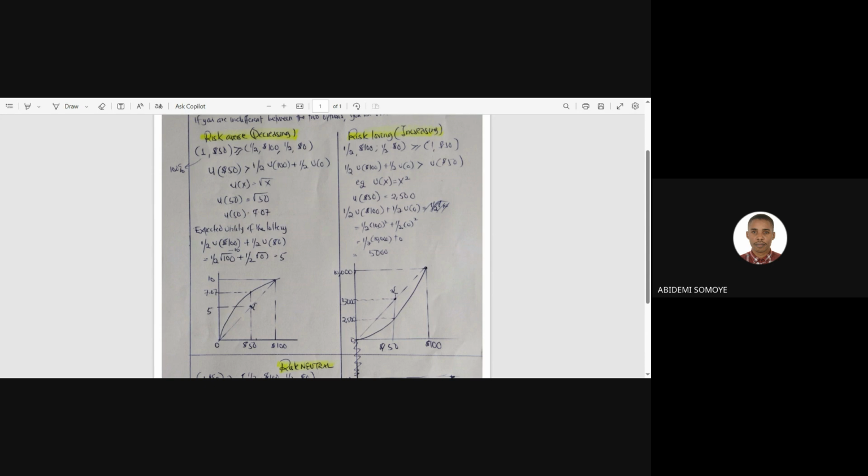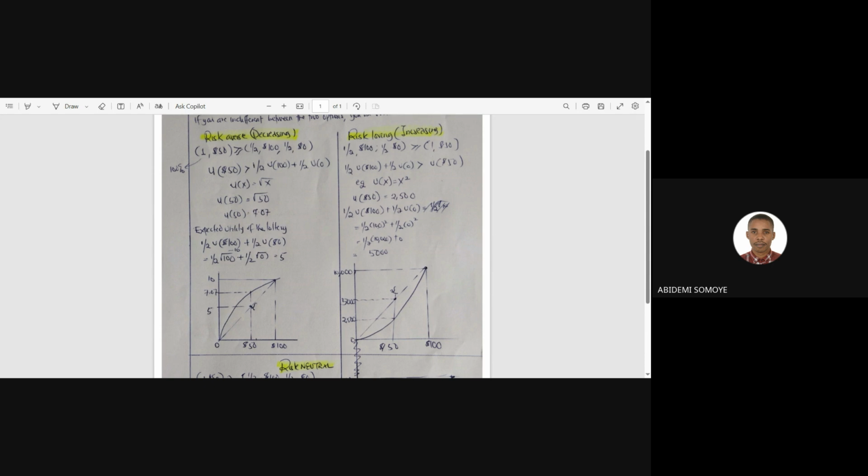Okay, remember that formula. I'm just writing the square root out because at the moment I can't seem to find square root on my computer. Remember that you will need that to arrive at the solution for risk averse.